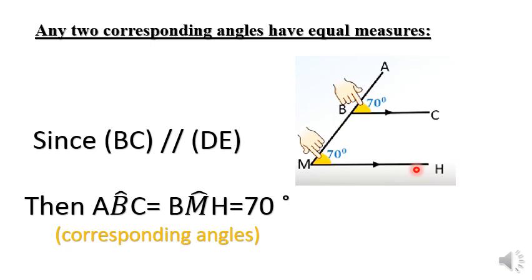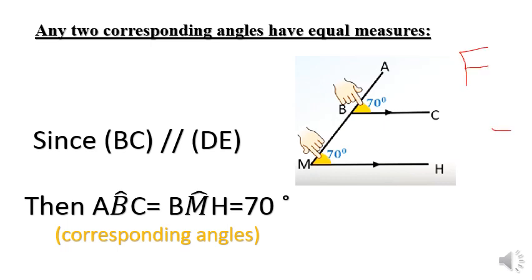Look at the following figure. We have BC is parallel to MH. Can you look for a corresponding angle? This one looks like an F shape, but it's upside down. Okay? This is the F shape.